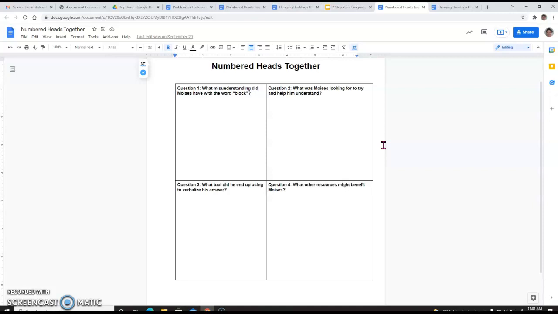And the second question, Moises was actually looking for visuals, any sort of understanding to help him make sense of the content that was being explained and used in class. Question number 3, the tool that he used to help verbalize his answer was the bilingual dictionary.